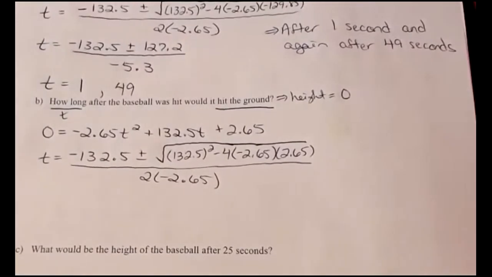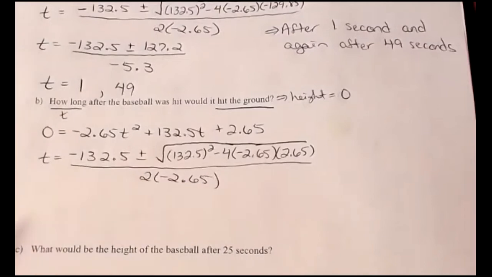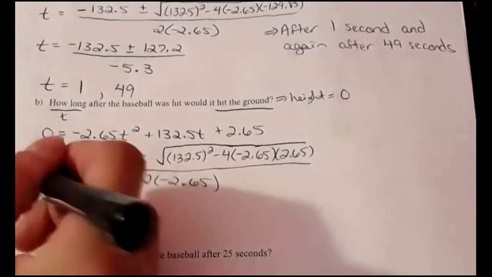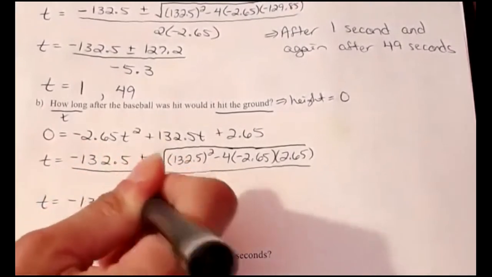Perfect. So again, I'm going to punch in the entire expression here, including the square root. So the square root of 132.5 squared minus 4 times negative 2.65 times positive 2.65 gives us a very long decimal. So we've got negative 132.5 plus or minus.